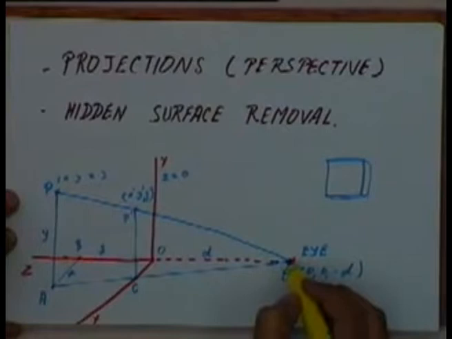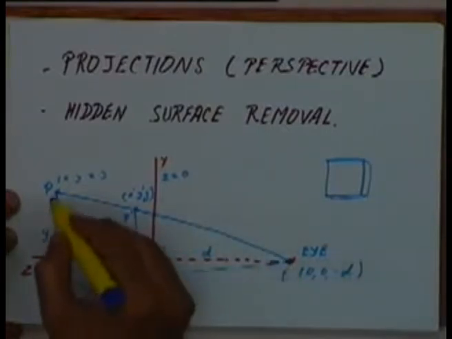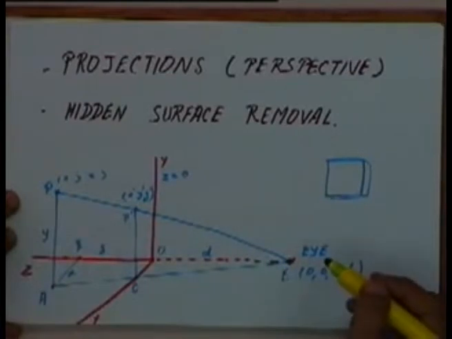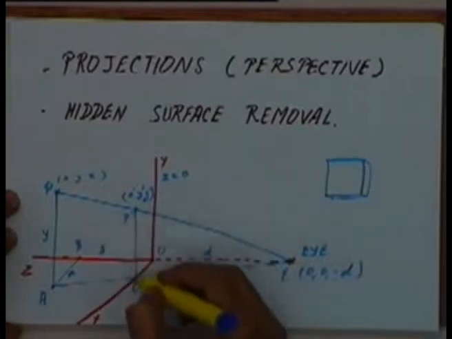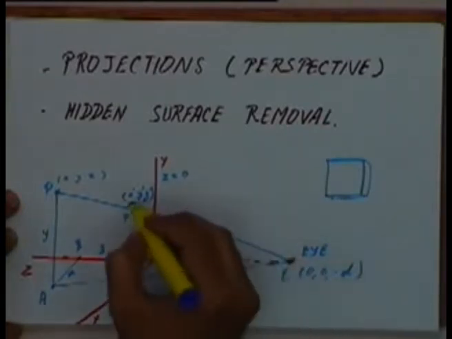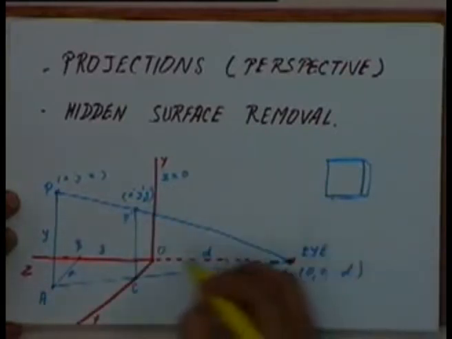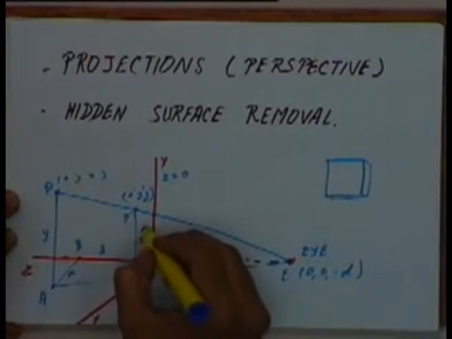If you look at these two triangles, this distance from C to P prime is the y coordinate of the point P prime. So this distance will be equal to y prime.